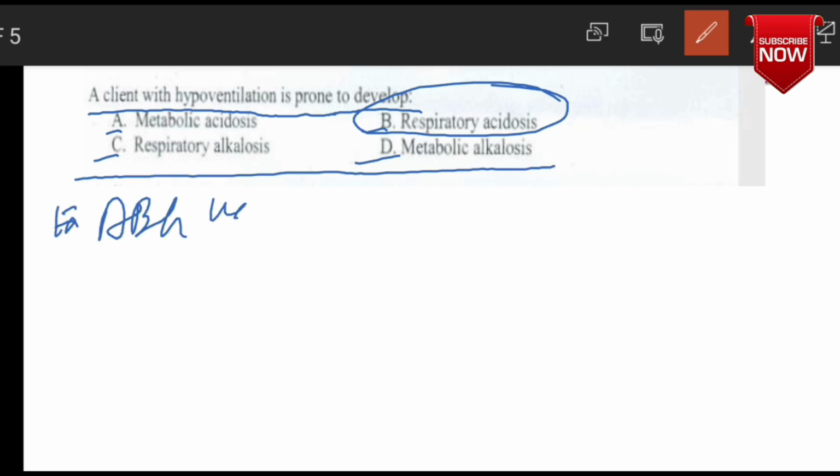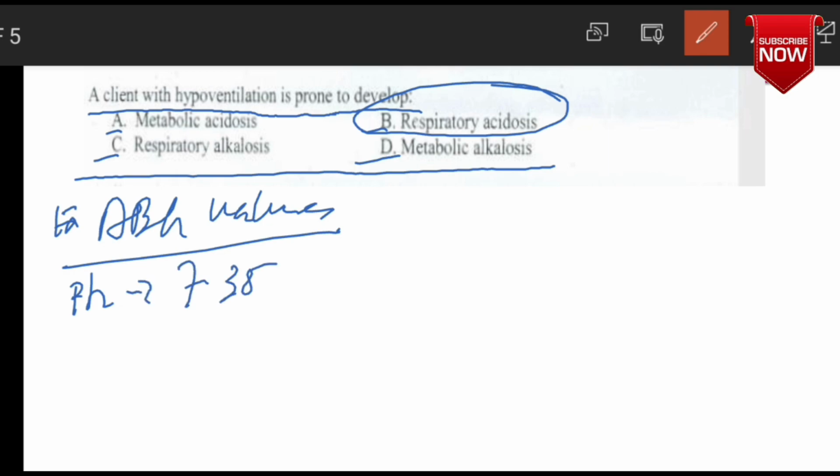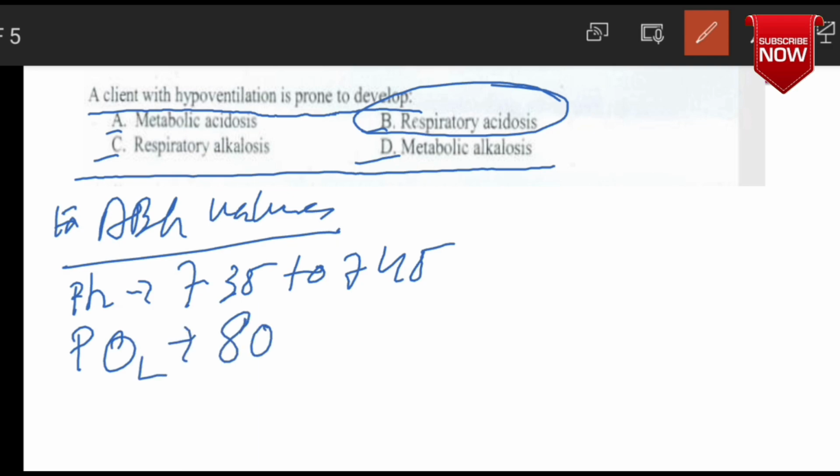ABG. The pH of the blood is 7.35 to 7.45. Partial pressure of oxygen 80 to 100 mm of Hg.